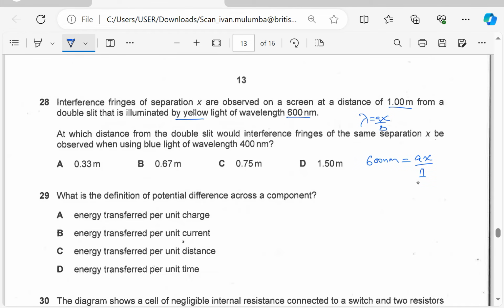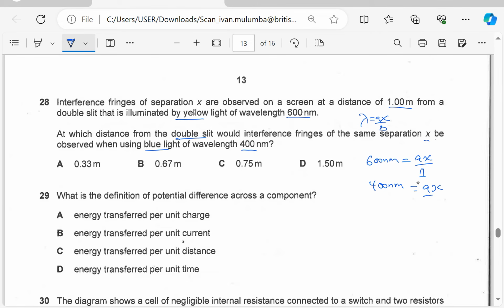At which distance from the double slit would interference fringes of the same separation X be observed when using blue light of wavelength 400 nanometers? So we now have 400 nanometers and A has not changed, but they want us to find which distance from the double slit would give interference fringes of the same separation X. So X is remaining the same.